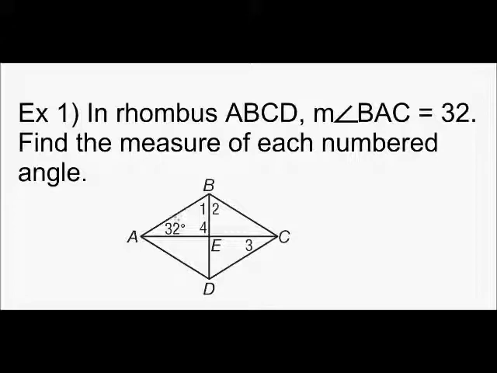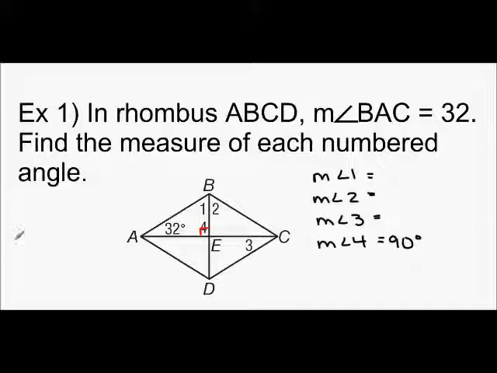Okay, well, 4 actually might be the easiest one for me to find here. I know that the diagonals of a rhombus meet at 90-degree angles in the middle here. So let me make an answer box first. Okay. So since those meet at 90-degree angles in the middle, the measure of angle 4 is simply 90.